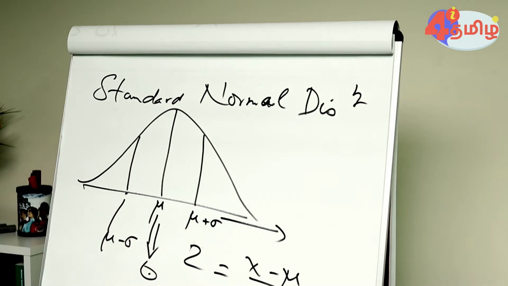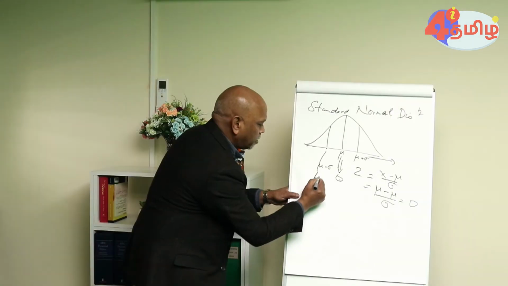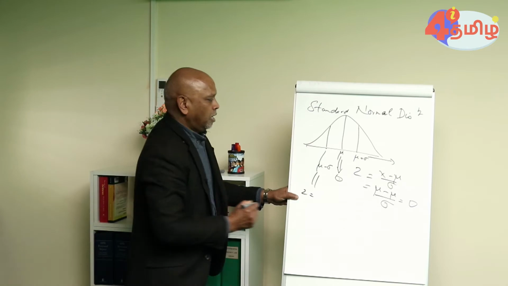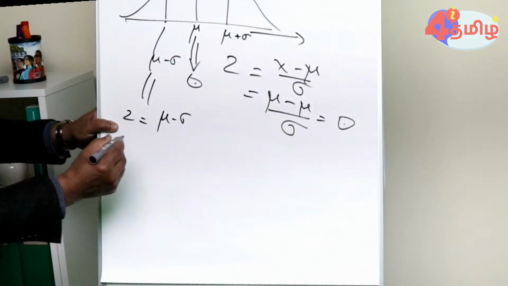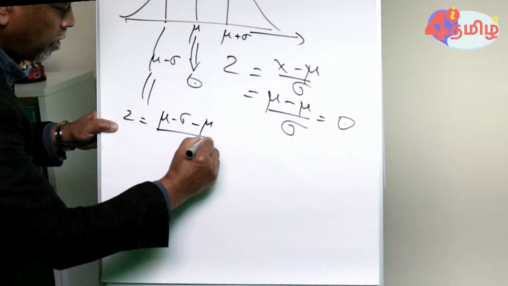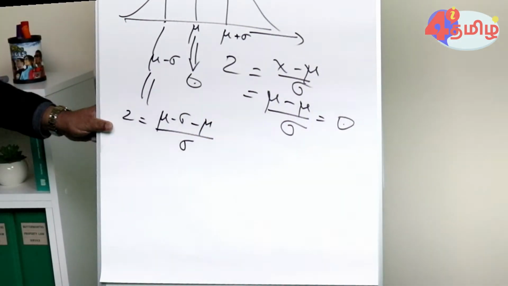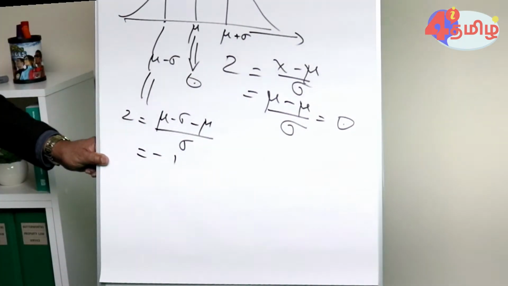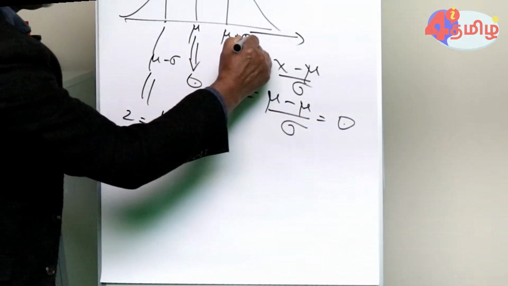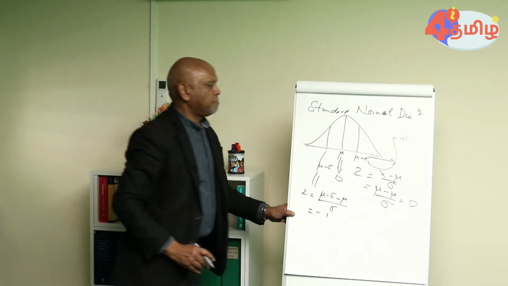We need to use the coding. So for this one, x is mu minus standard deviation, minus mu, divided by standard deviation, so that will be minus 1. Similarly, this side is plus 1.